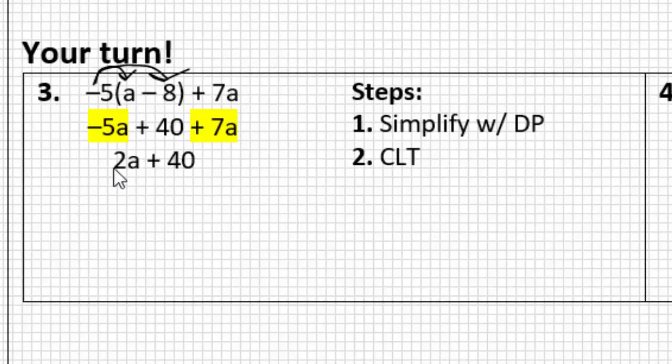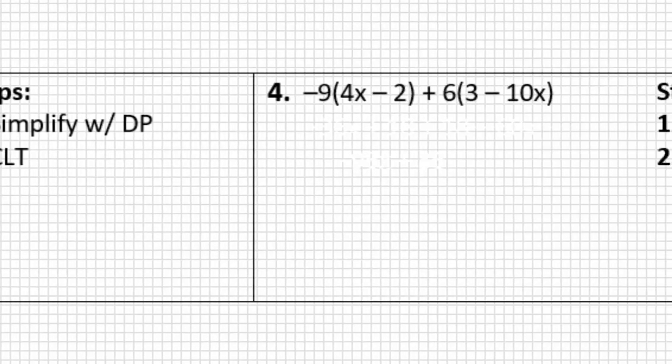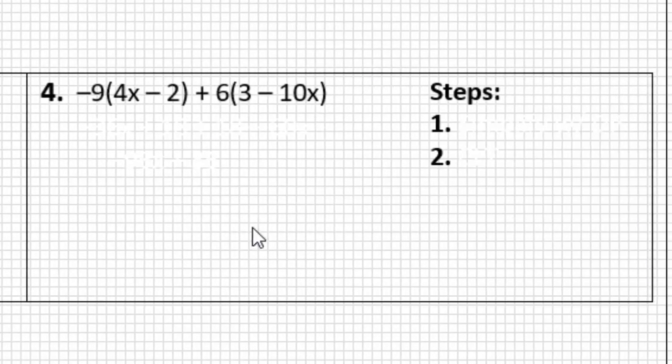Okay, so if you have completed number 3, you should have used the distributive property to get negative 5a plus 40 plus 7a, which then simplified using combining like terms to 2a plus 40. If you haven't gone ahead and solved number 4, please do so. Again, pausing the video and then comparing when you've had a chance to do your work.